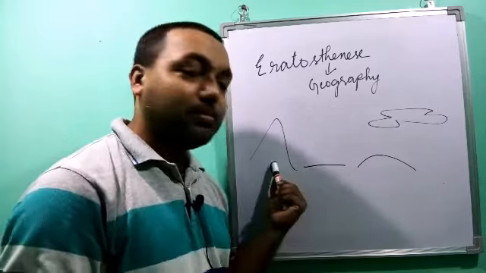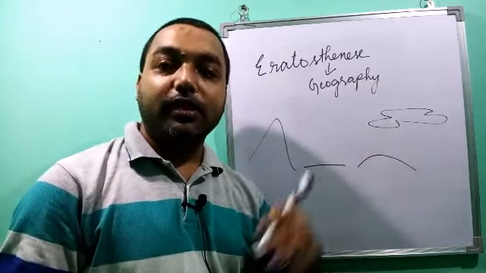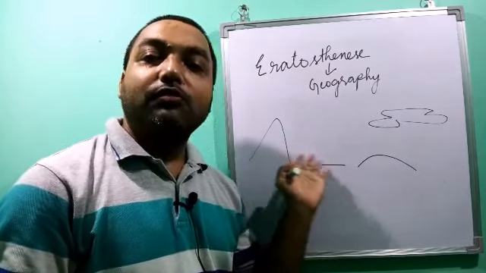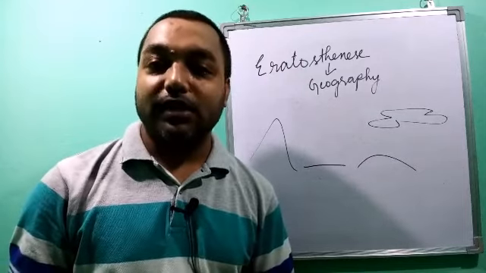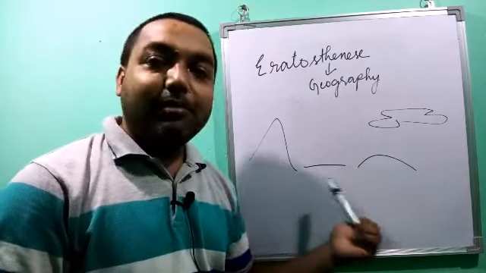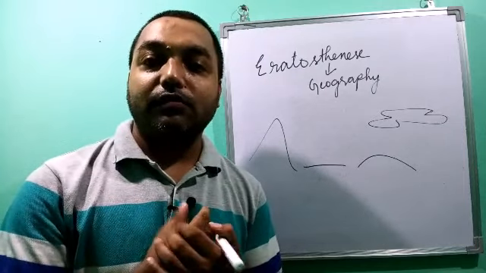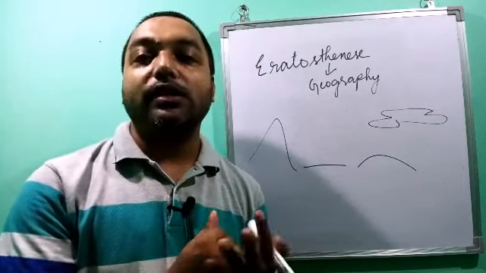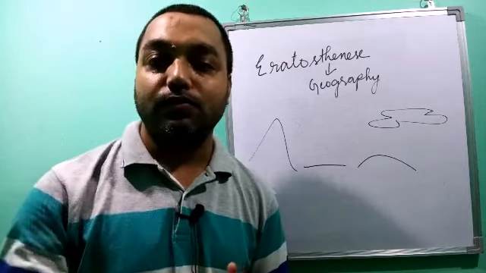For example, this is mountain, this is plain and this is plateau, then climate, cloud, everything. Where there is mountain, where there is plain, where there is plateau, all these things geography describes. The climate and different things related with the earth and human beings, all this description is done by geography. This is the main work of geography.